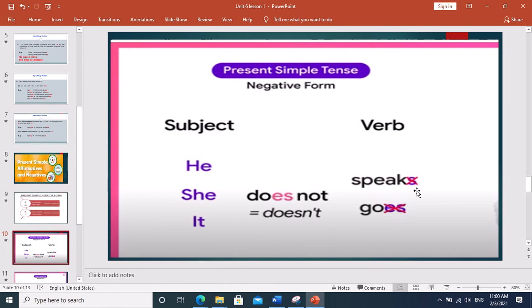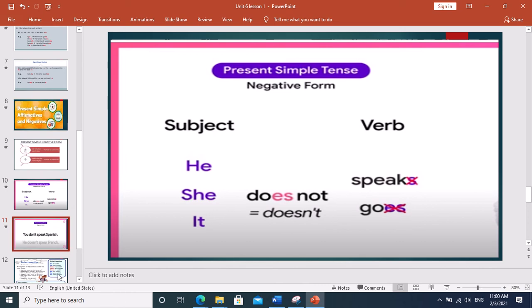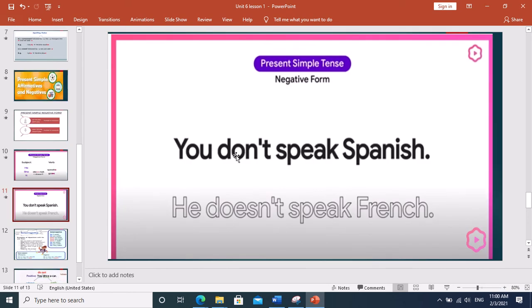But when I use plural personal pronouns like I, we, they, you, I have to use don't. Let's see some examples. You don't speak Spanish. Look, you, it's one of the plural personal pronouns, so I have to use in a negative what? Don't speak.